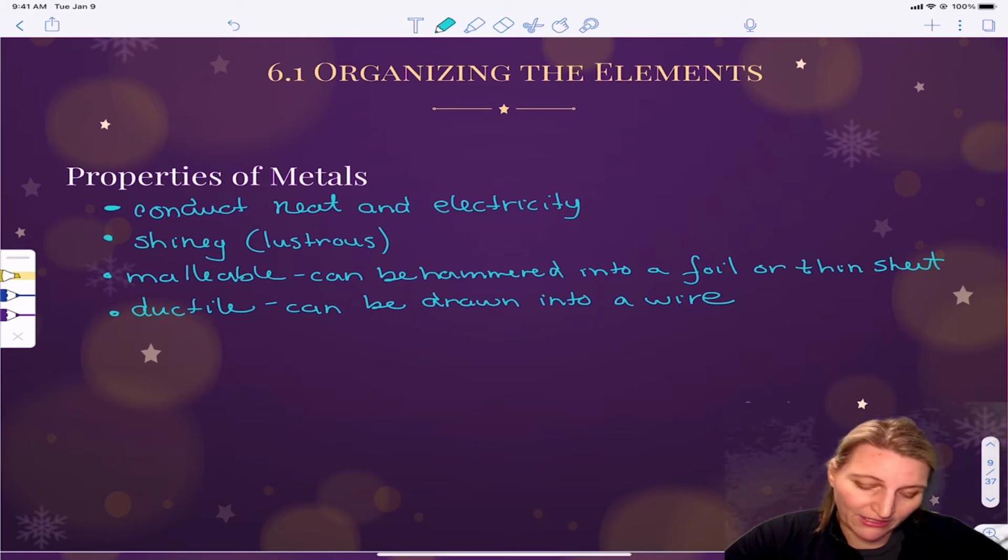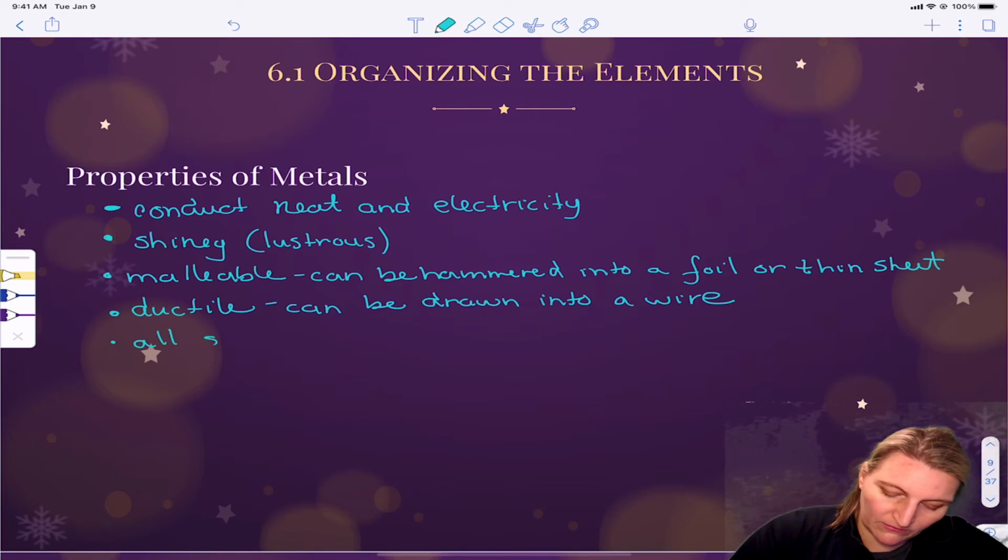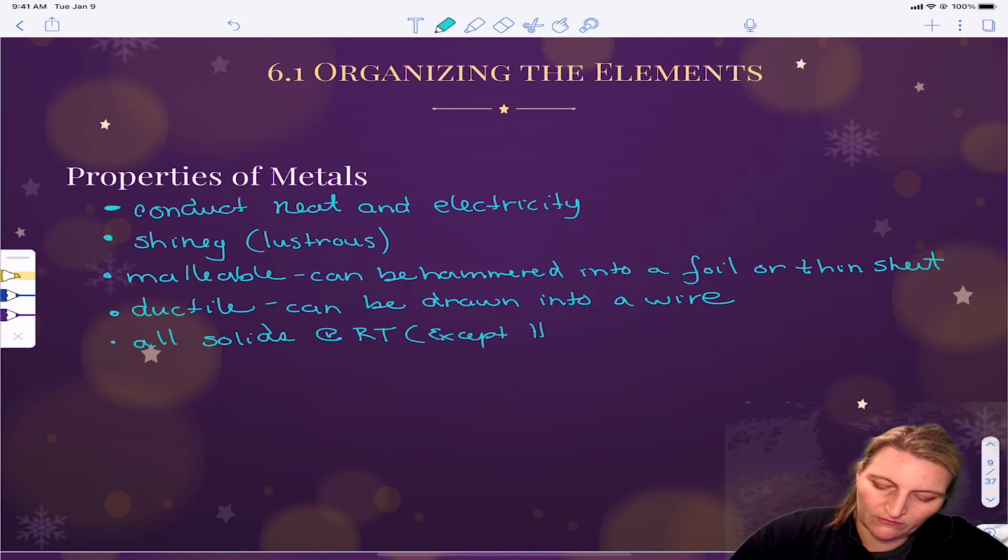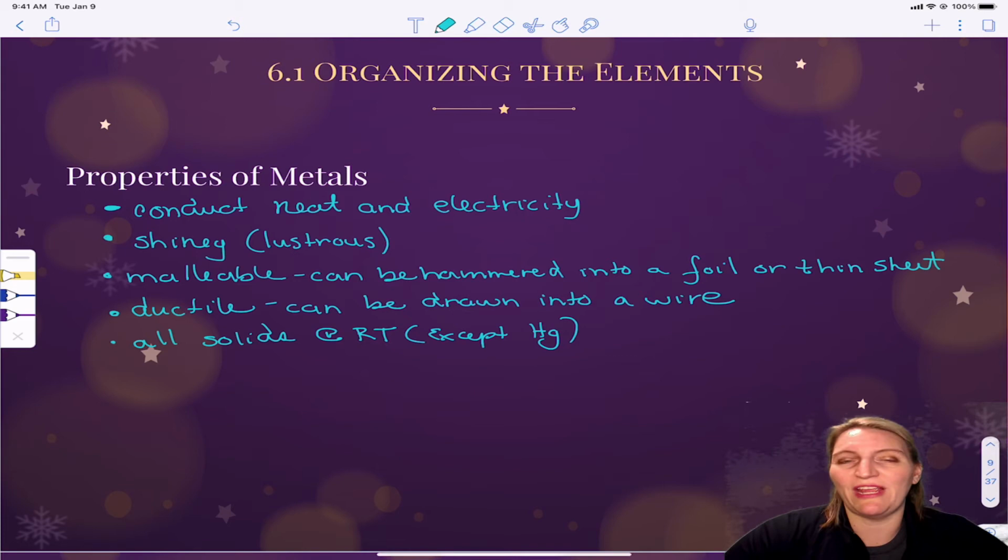A couple other properties of metals is that they're all solids at room temperature with the exception of mercury. Mercury's abbreviation is Hg. And the other property of metals, and this is going to become important as to why all of these properties are there, is that the metals tend to have 1 or 2 or 3 valence electrons.